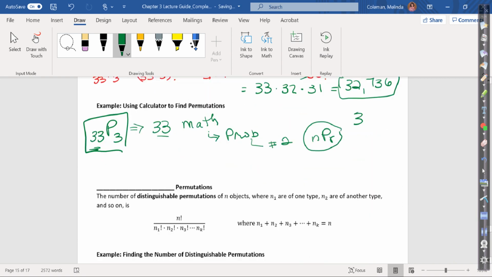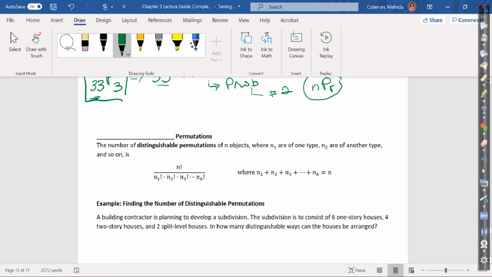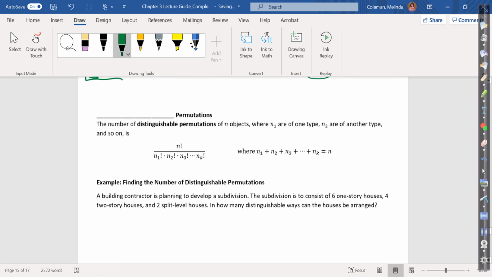Okay. All right, so now it gets a little bit different, because now we're going to talk about still a permutation problem, but this one is called a distinguishable permutation. Distinguishable permutations say that we have n objects, where n1 are of one type and n2 are of another type, and so on.